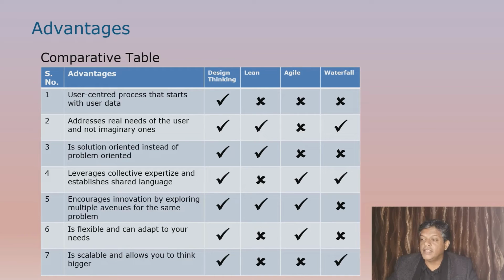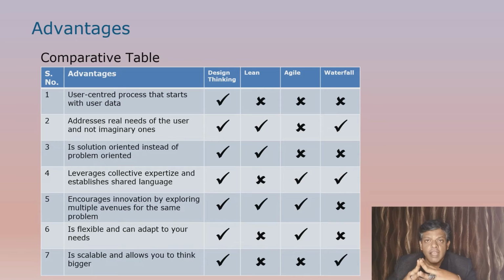It's a user-centered process that starts with user data. It addresses real needs of a user and not imaginary ones. It's solution-oriented instead of problem-oriented. Leverages collective expertise and establishes a shared language.